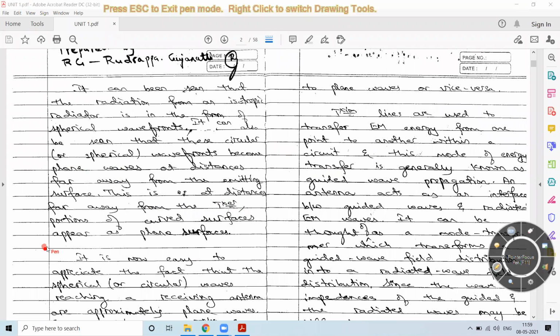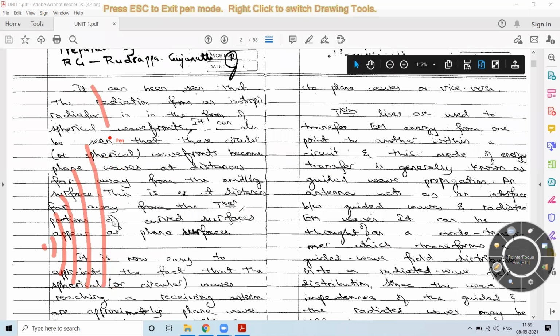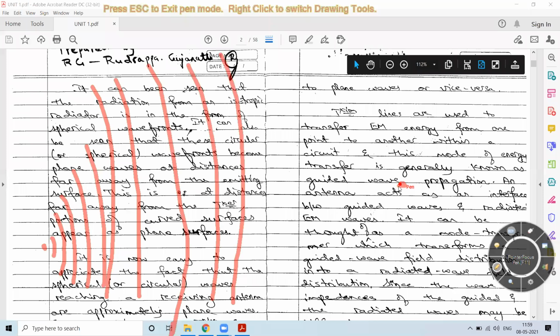When we consider a point over here, and we assume that the wavefront keeps on moving, say it is spherical in nature, then if you consider a very long distance and I stand and observe these spherical wavefronts, they will appear as though they are plane in nature.